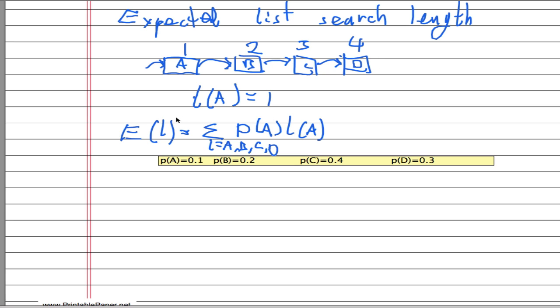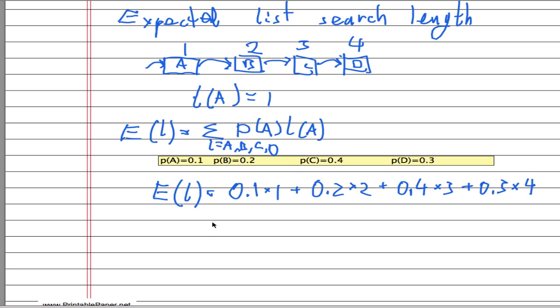So if we use this definition of expectation, and the probabilities that we had for our events, then the expected value of L is equal to 0.1 times 1 plus 0.2 times 2 plus 0.4 times 3 plus 0.3 times 4.